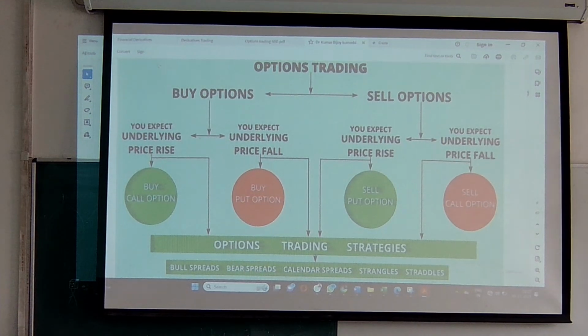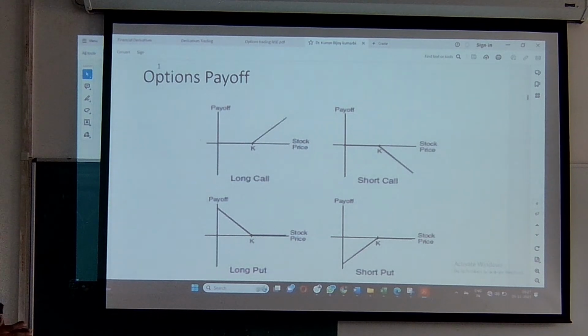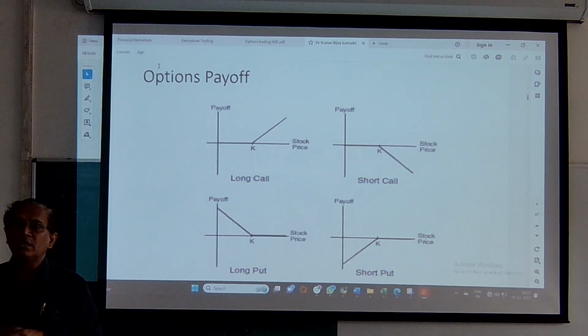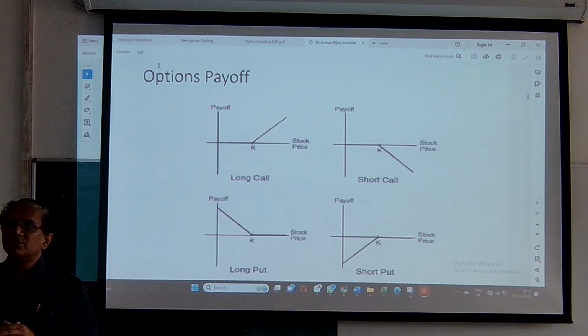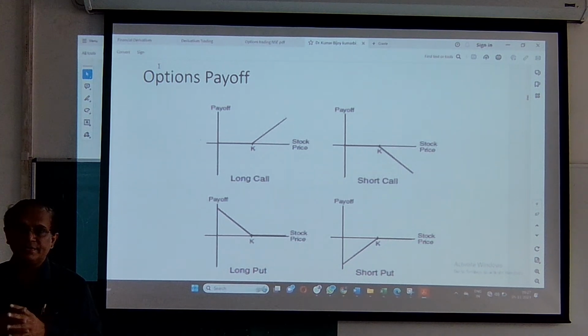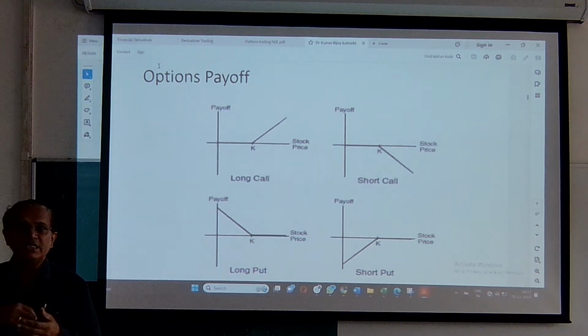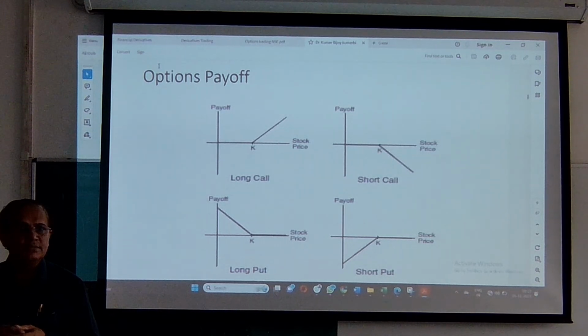Now next to this is payoff. Payoff also we discussed. Now when pricing we were talking about, two prices were involved. One price was the price of options itself. Option is a product, so it must have a price when it is exchanged, when it is traded. So two products are there.